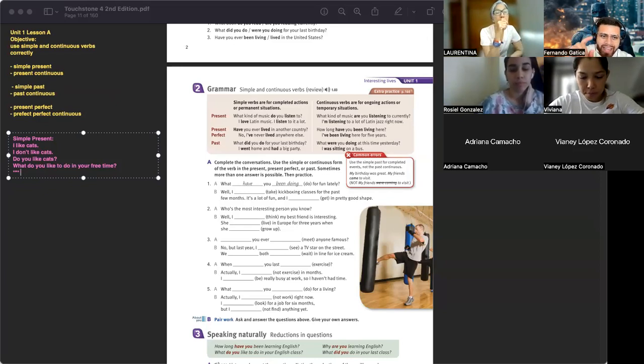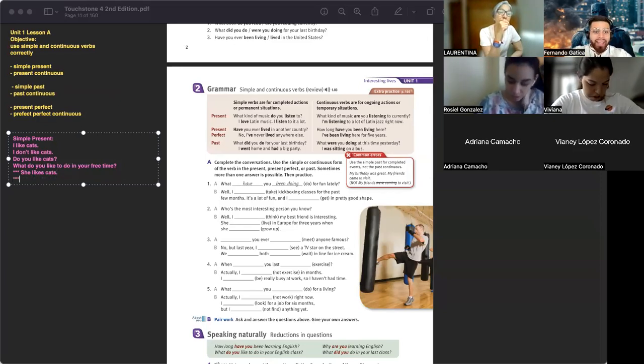For example, I like cats. She likes cats. And that's what's complicated. Put in the S. I don't like cats. She, what? A ella no le gustan los gatos. She doesn't like cats.